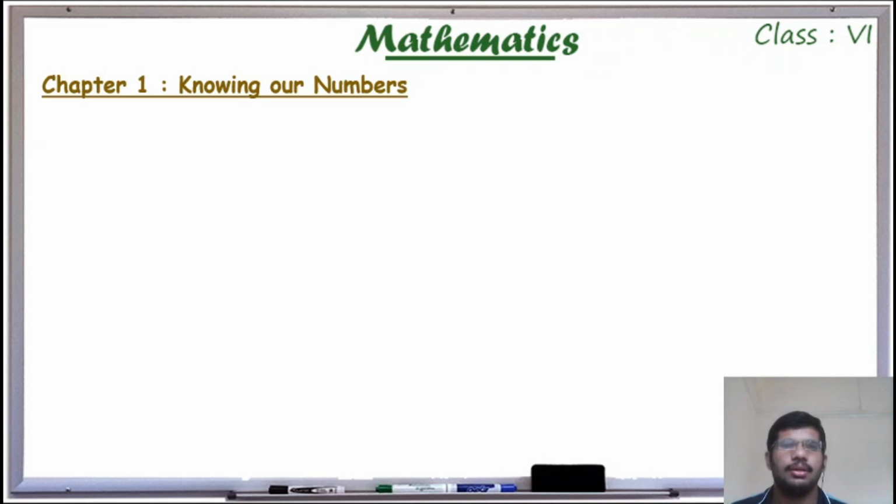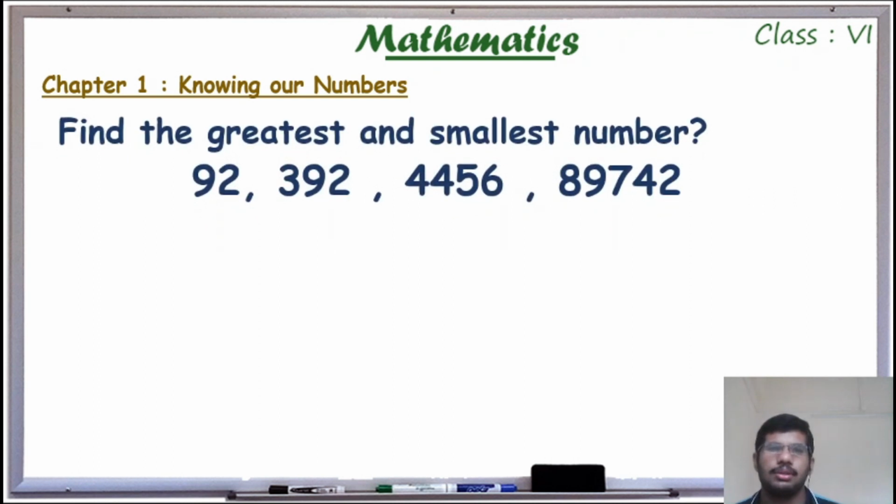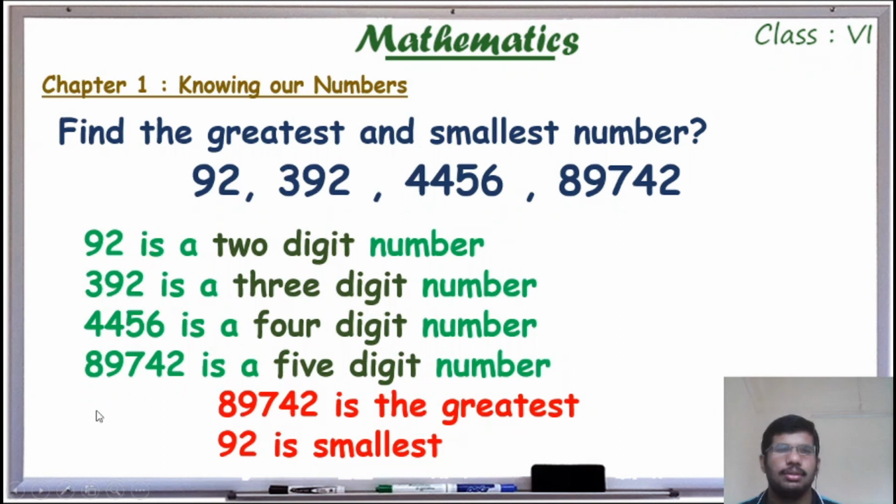Yesterday we learned how to find the greatest or smallest number. By looking at the number of digits, we can determine the greatest and smallest number. In the case of 92, there are only 2 digits, and in the case of 392, there are 3 digits. In the case of 4456, there are 4 digits, and for 89,742, we have 5 digits.